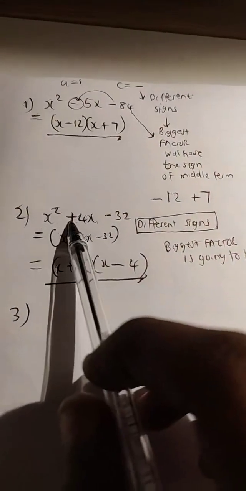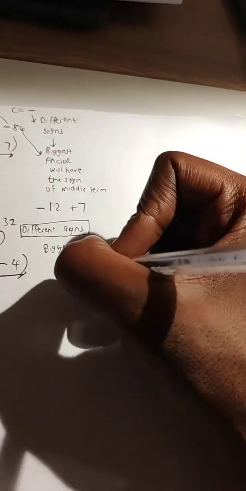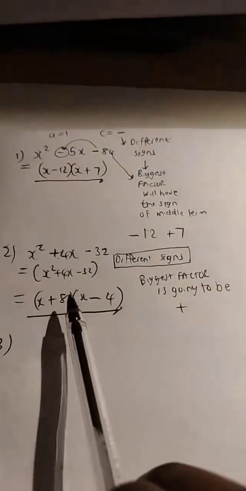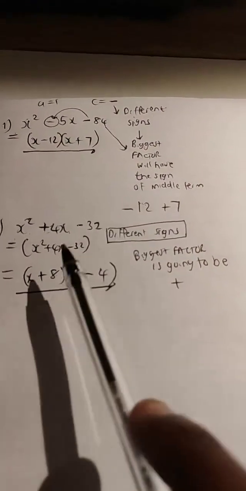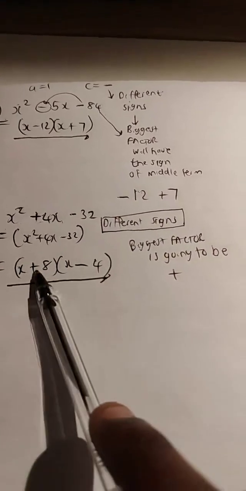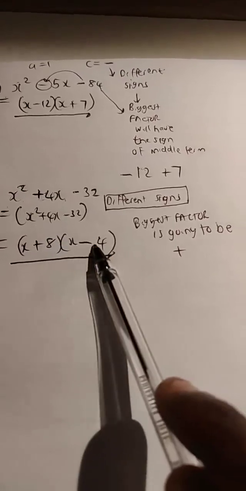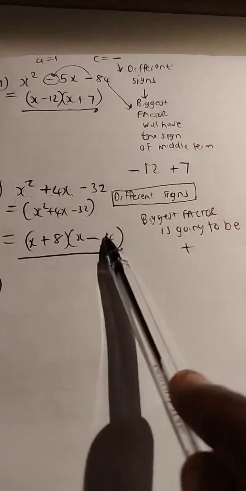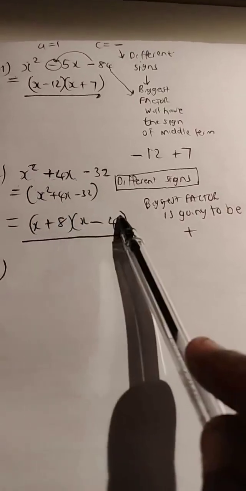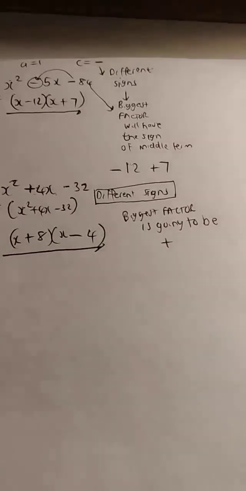The biggest factor is going to have the sign of the middle term, which is positive. The factors of 32 are 8 and 4 that work, whereby when we subtract we get 4. When the biggest factor is 8 and the smallest is negative 4, the multiplication gives us negative 32, and the addition of 8 and negative 4 gives us positive 4, so it works out nicely.